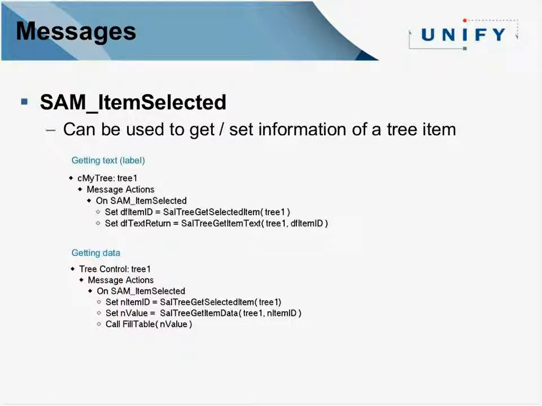In this case, it's a special value called n value, and I can use this n value in a where clause, for example to fill a table. So in this case, I use this n value to have some where clause, or some sub-selects inside the tree control, or inside a table window based on the tree control.